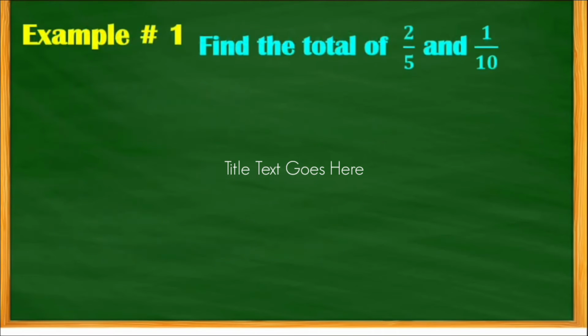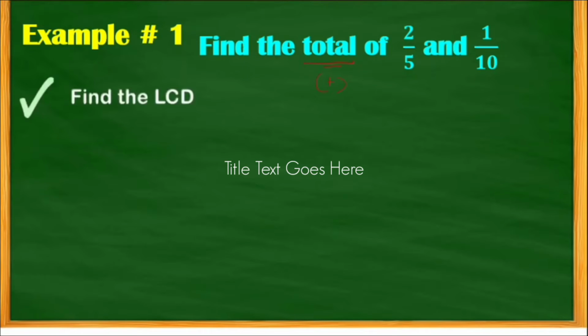Simplify our answer. So, let's have an example. Number 1, find the total of 2/5 and 1/5. When we say total, it involves the operation of addition.